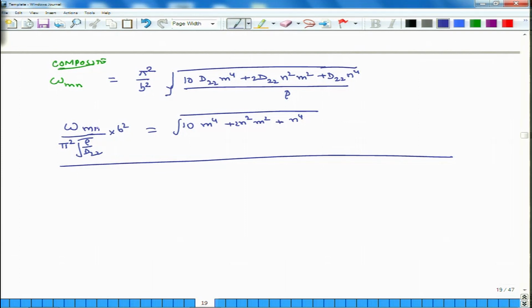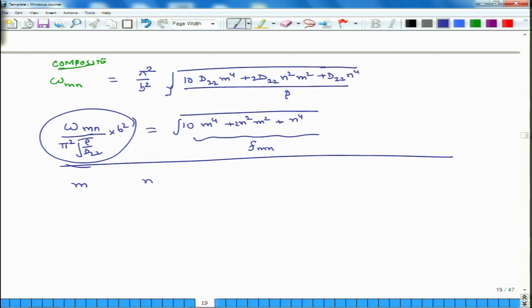So, let us construct a table. So, this is omega mn, and this entire thing is normalized with respect to some constant which is b, rho, d22 and pi square. Okay. So, m n, and let us call this f mn.